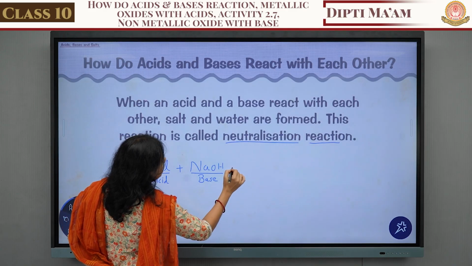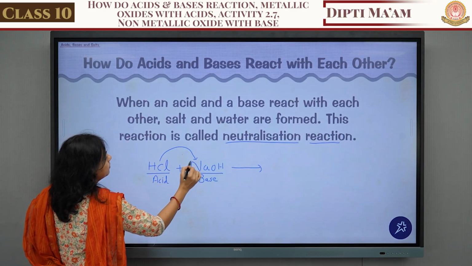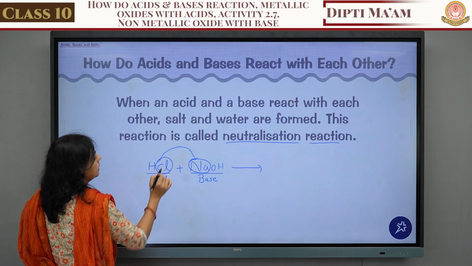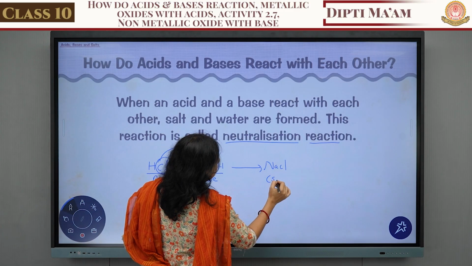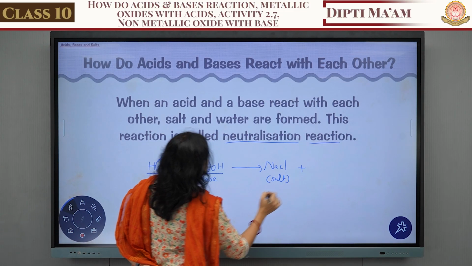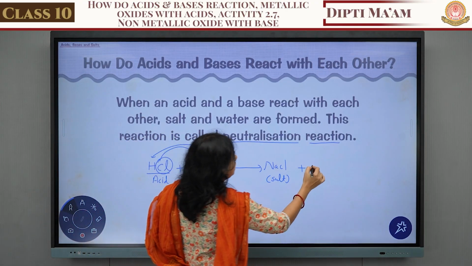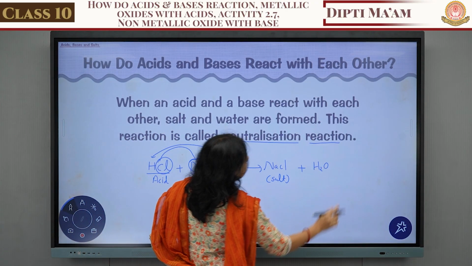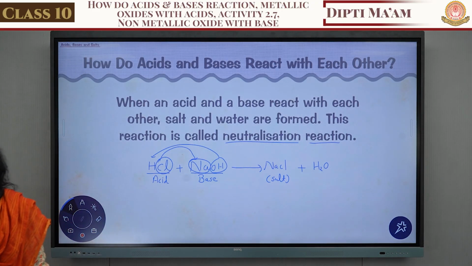If this acid and base mix with each other, then it will form NaCl, that is the salt, and this OH reacts with this hydrogen, so the water molecule is formed. So generally this reaction is known as the neutralization reaction.